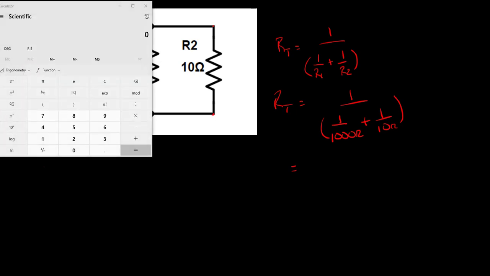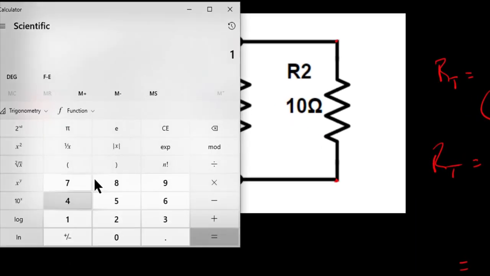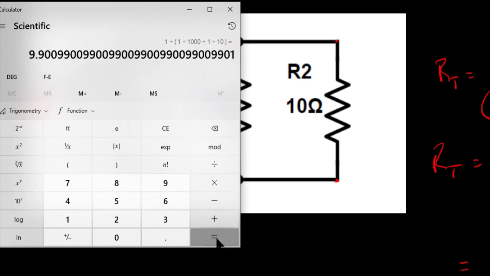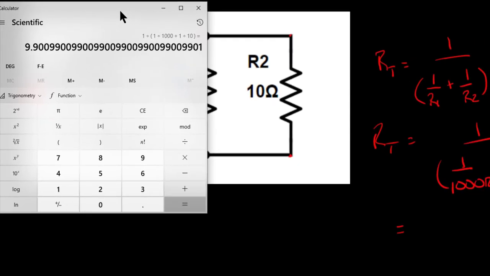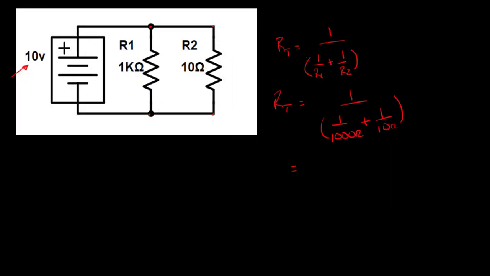If I do all of my calculations on that, my total resistance is going to be equal to 1 divided by 1,000 plus 1 divided by 10. And I get 9.9 ohms. For significant digits here, I can carry that out to one digit past what my data input was, so that'll be 9.9 ohms.